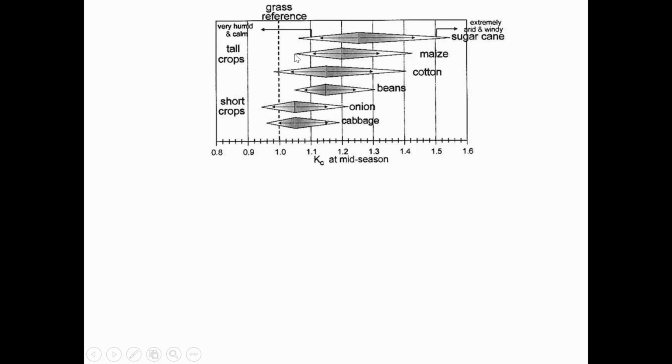And there can be a range here. If you have humid and calm conditions, maybe it would be close to the same amount as grass would, or if it's very dry and windy, it would require maybe a lot more. But there are some crops like onions and cabbage, or in some cases cotton, that require less than the grass would.